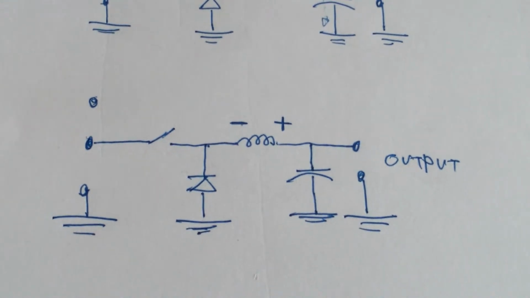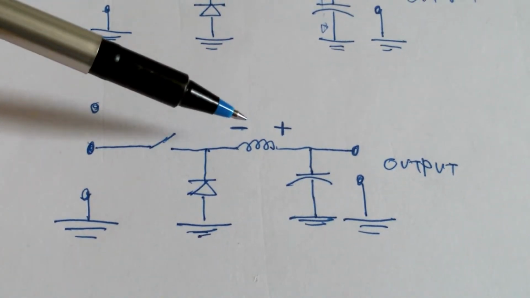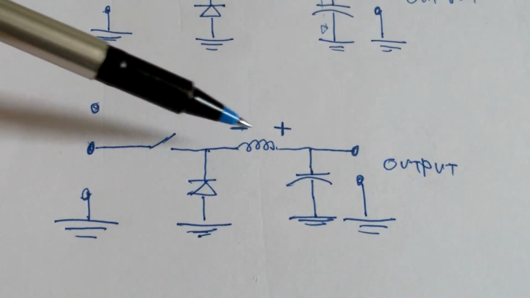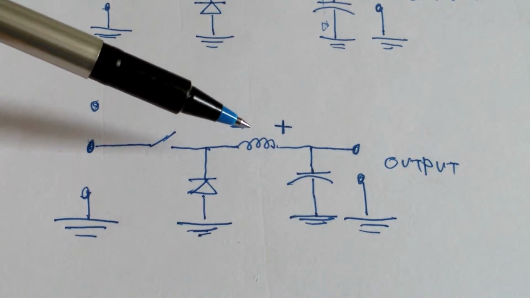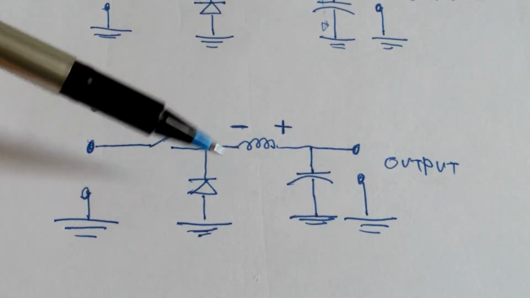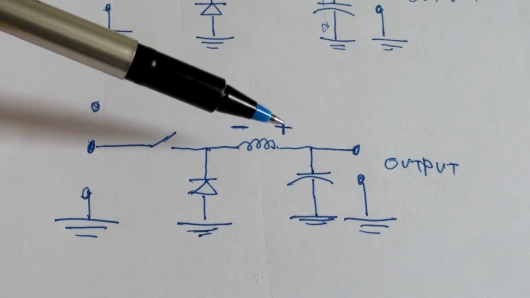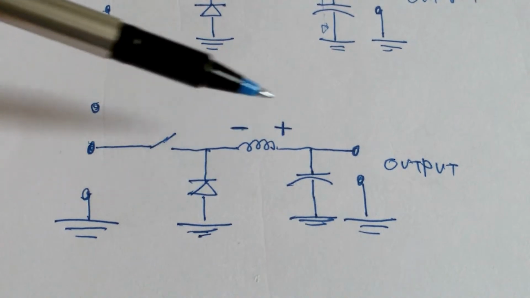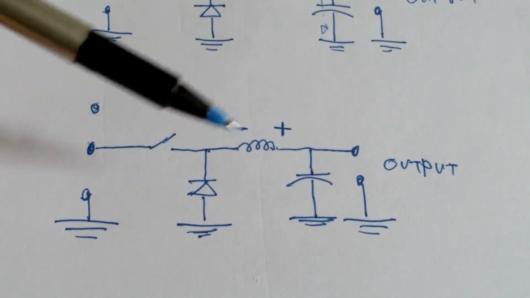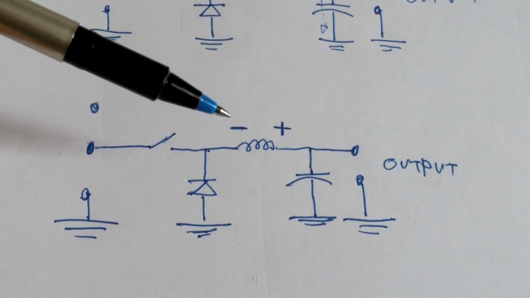In the open state, your inductor is in discharging state. While it is discharging, your inductor will have a reverse polarity like this, because that is the characteristic of an inductor, to reverse its polarity while discharging.